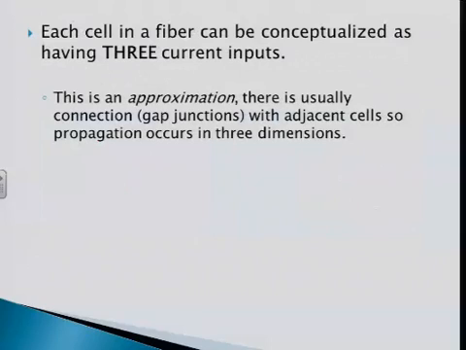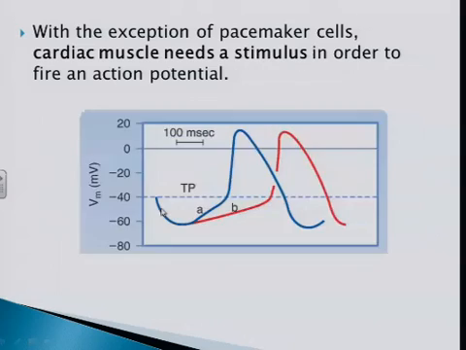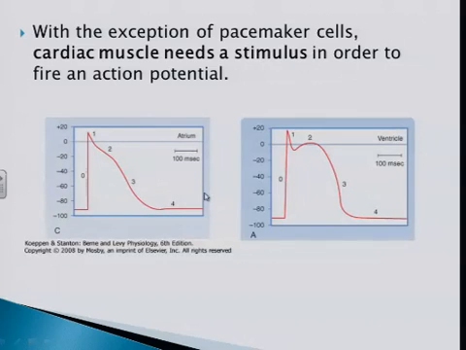And so we start out with our 3 inputs. Current on the left-hand side coming in from the adjacent cell, current from the right-hand side communicating with the adjacent cell, and then current through the membrane. And remember, with the exception of pacemaker cells, all cardiac muscle cells require a stimulus in order to fire an action potential, regardless of whether they're atrium or ventricle or Purkinje or His cells in general.